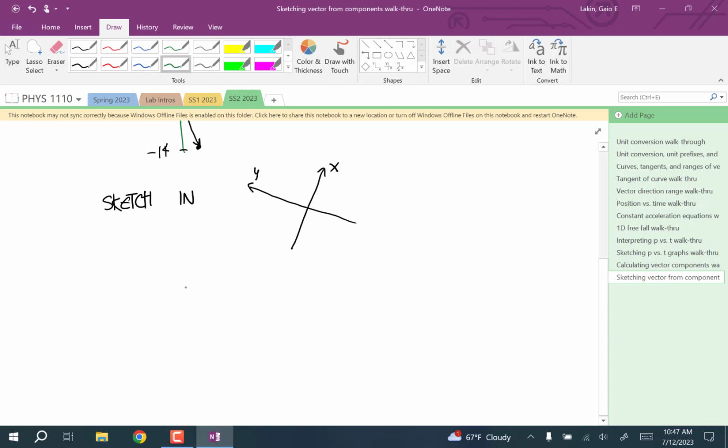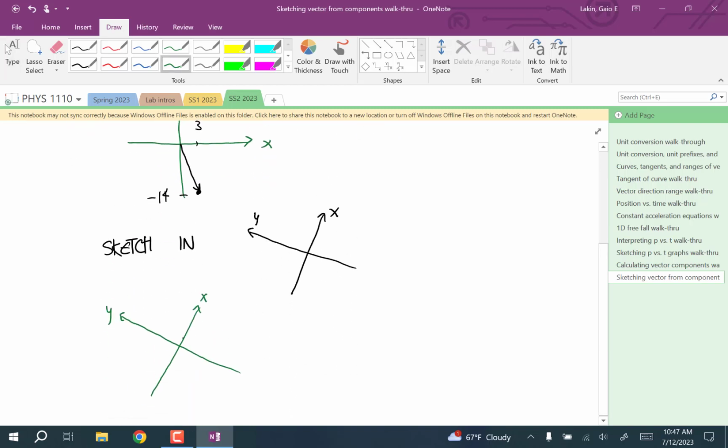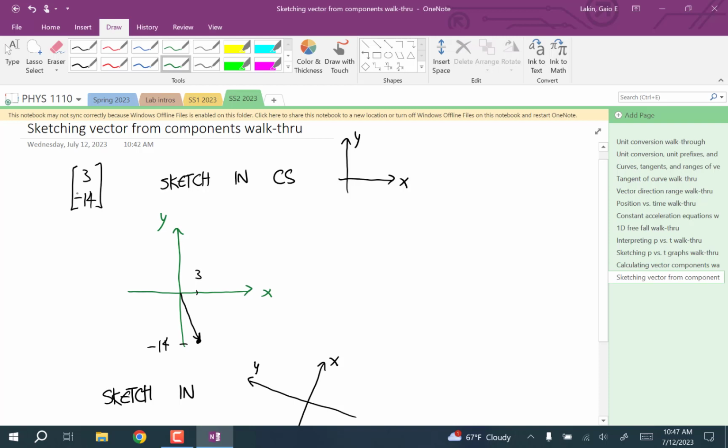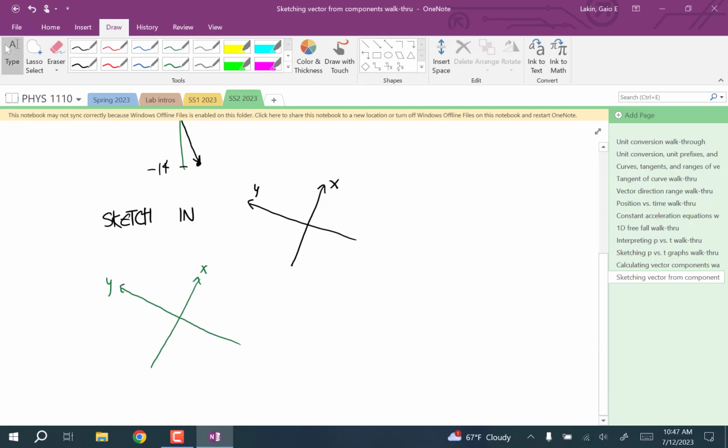Well, first you'd start out the same way, drawing the coordinate system. And then you would plot that point in this coordinate system. So pause the video for a second and plot the point 3, -14 in this coordinate system.